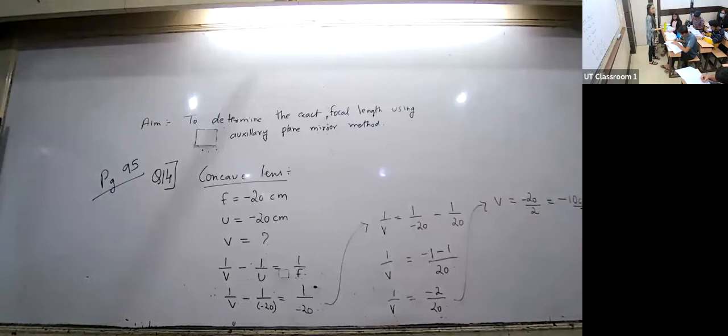They are asking magnification as well. Magnification is v by u, which is equal to minus 10 by minus 20, which is equal to 1 by 2, or 0.5. And it is positive, that means we are getting a virtual image.